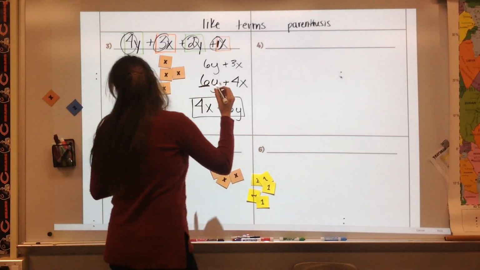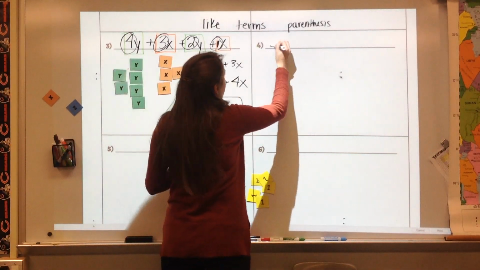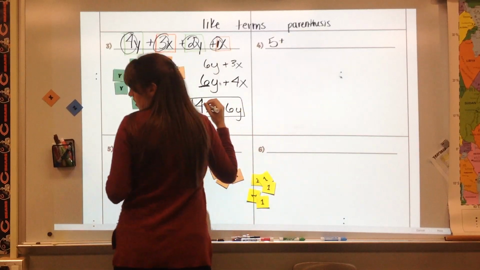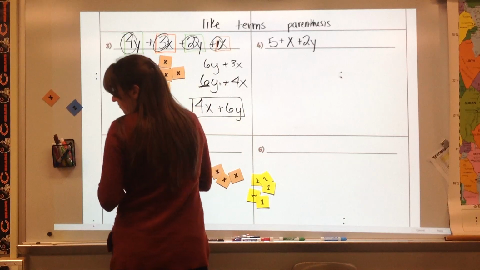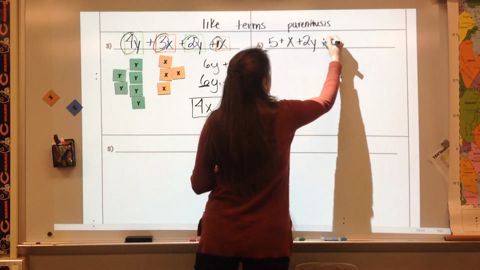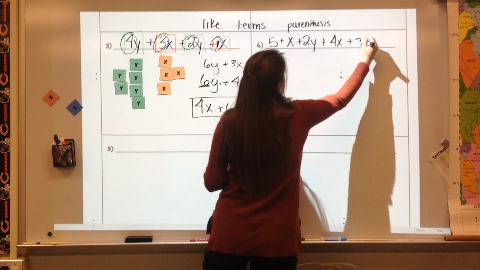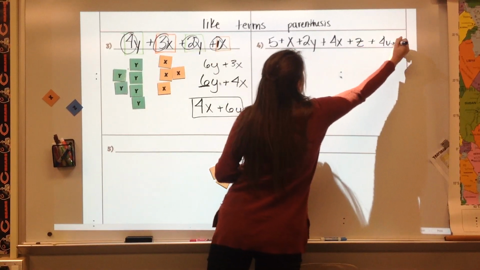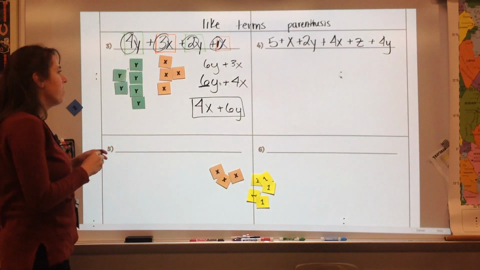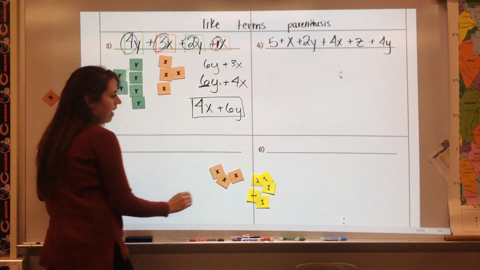The next one, 5 plus x plus 2y plus 4x plus z plus 4y. Again, we don't have parentheses. Let's just look at our like terms here.